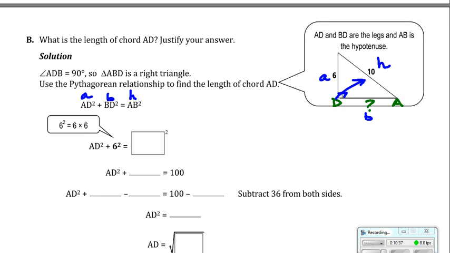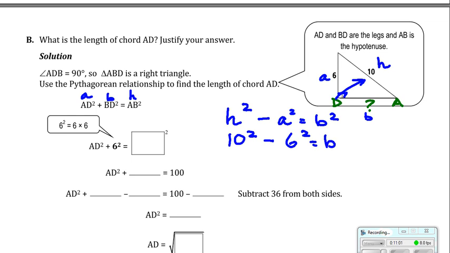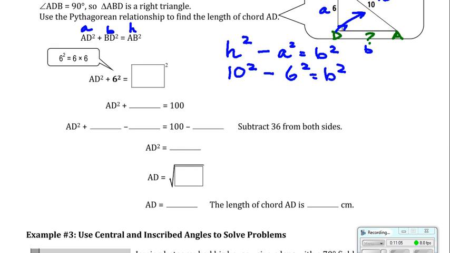I'm actually going to rewrite this out. I don't like how I wrote these notes. I changed my mind. And so we need to subtract. So we're going to go hypotenuse squared, take away A squared, equals B squared. The hypotenuse is 10, so 10 squared, take away 6 squared equals B squared. Then we get 100, take away 36 equals B squared.